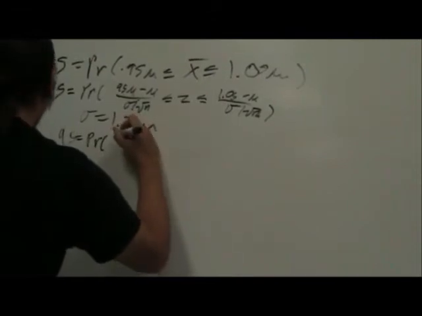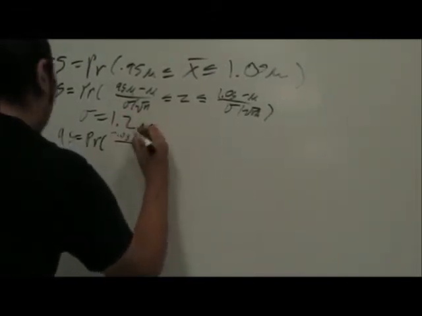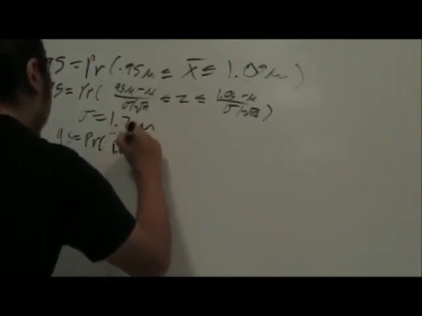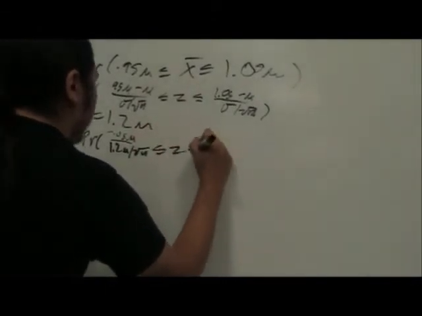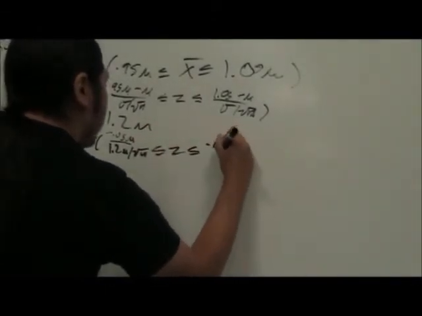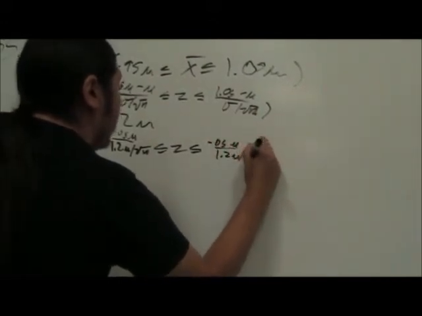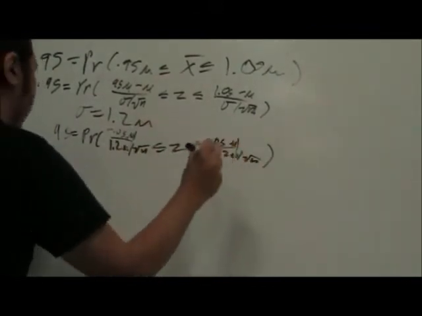Probability of negative 0.05 mu over 1.2 mu over square root of n less than or equal to z. So you have 0.05 mu over 1.2 mu over square root of n, and of course you can cancel out the mu's.